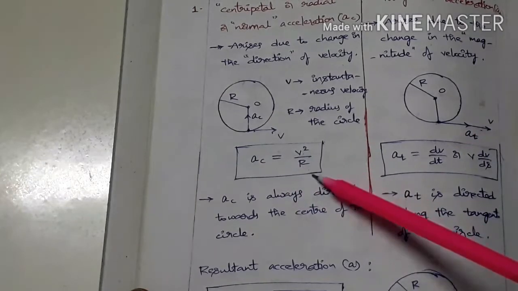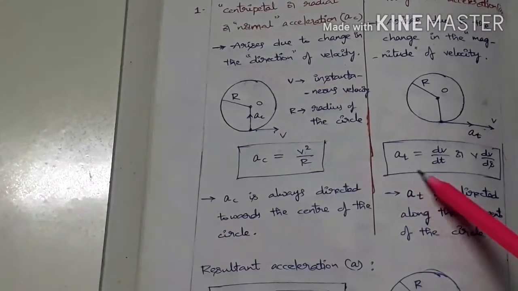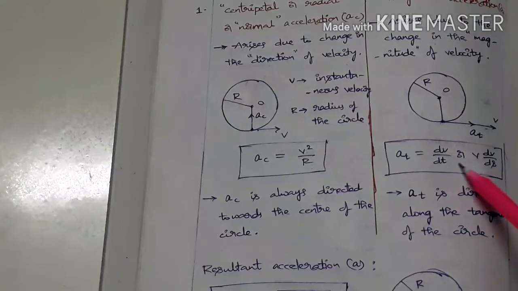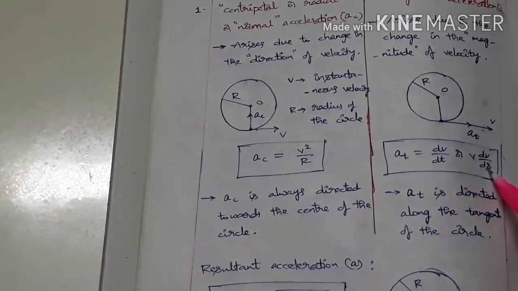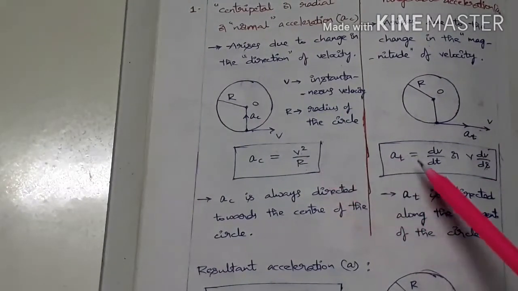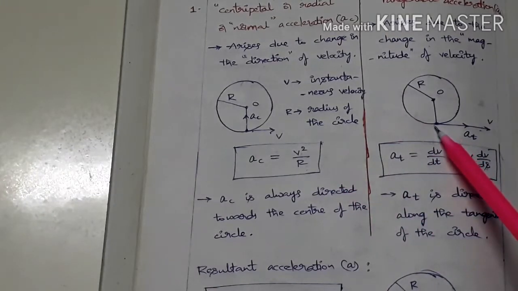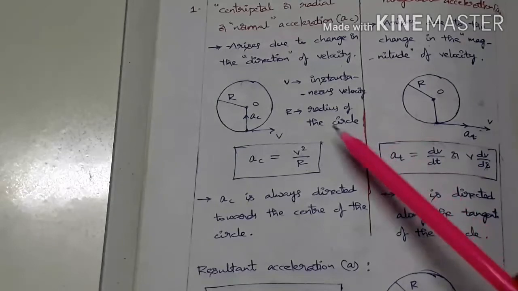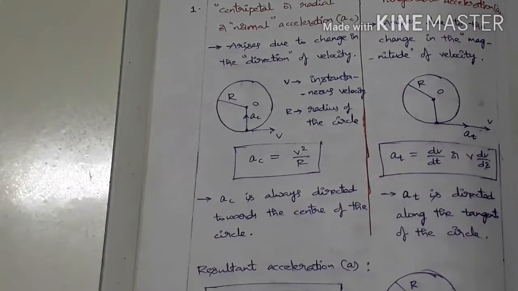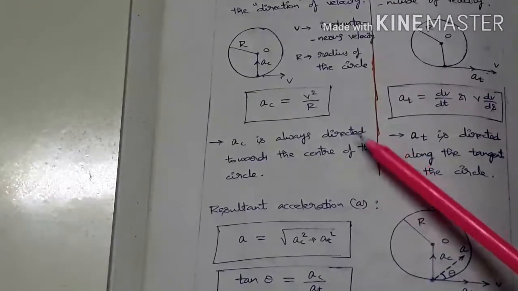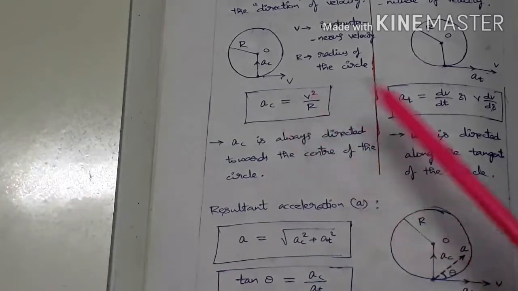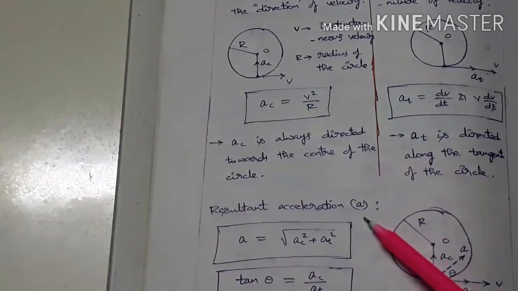Mathematically, AC equals V square by R, and tangential acceleration AT equals dV by dt or V dV by ds. Here, what is V? V is the instantaneous velocity at that particular point on the circle, and capital R is the radius of the circle here.